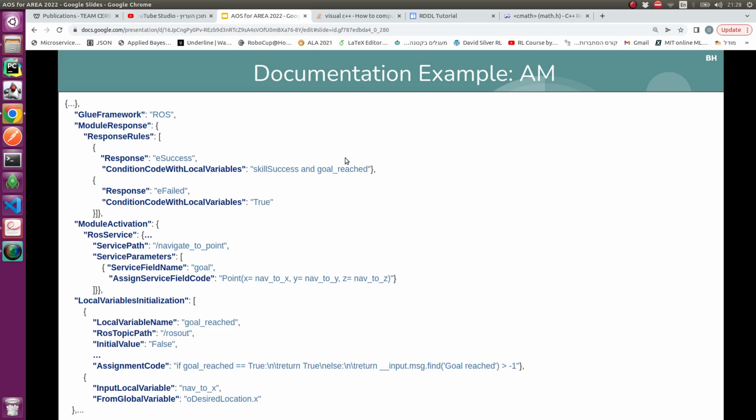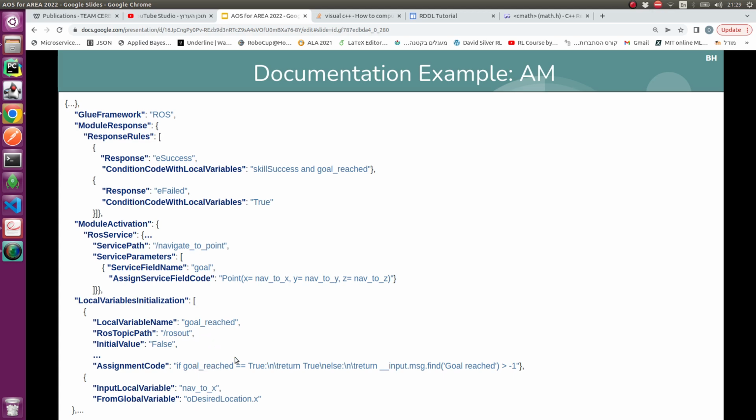is conditioned on local variables. Local variables are a concept we defined, and they only exist per activation of the skill. And we can condition them. This is written in Python, so you have the flexibility of using Python. Here we define goal reached, which listens to a topic. A topic in ROS is public information that processes inside the robotic framework publish.